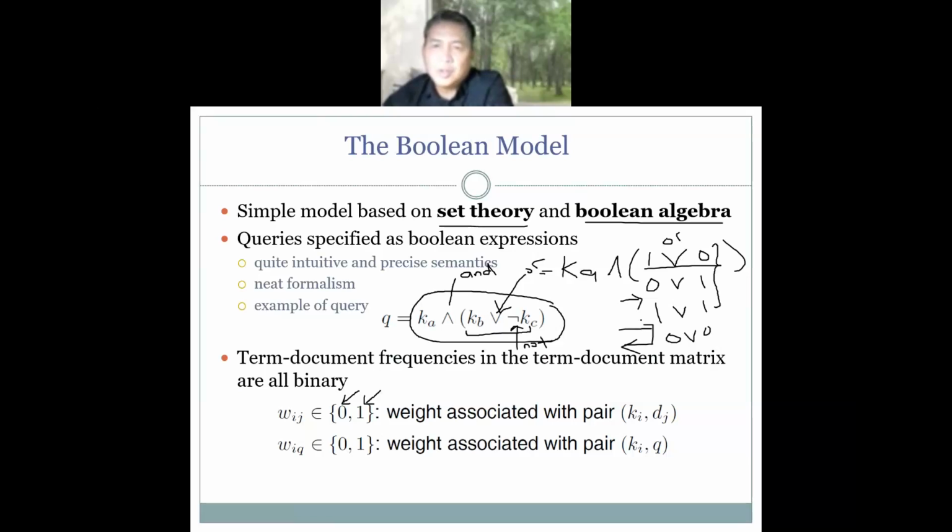So that's how we interpret the query like this. We use binary or Boolean because Boolean is true and false. So true is 1, false is 0. Boolean algebra means that we use the expression of the Boolean 0 and 1.